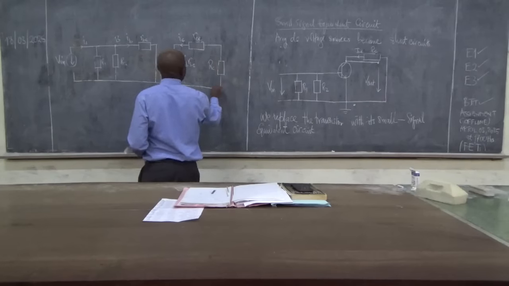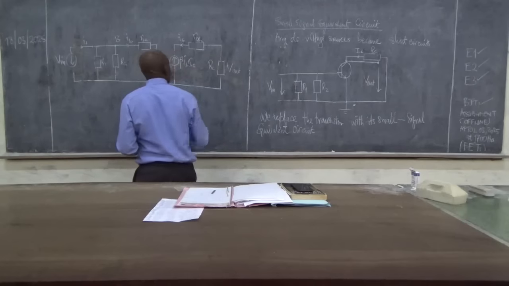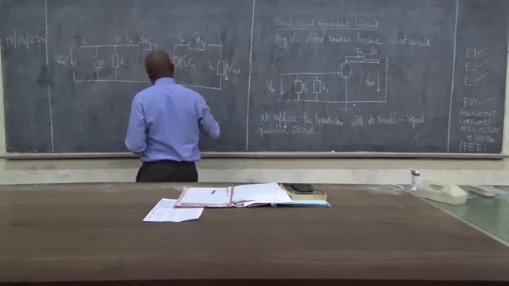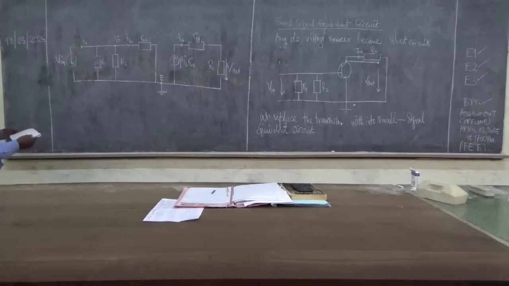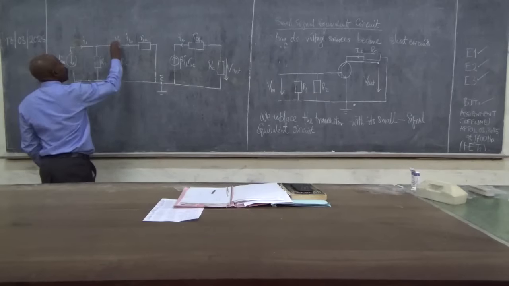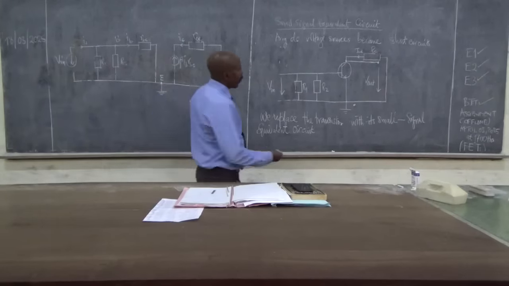This RC gives us the potential. So we have R1, R2, I1, dash, IB. This is the small signal equivalent circuit.